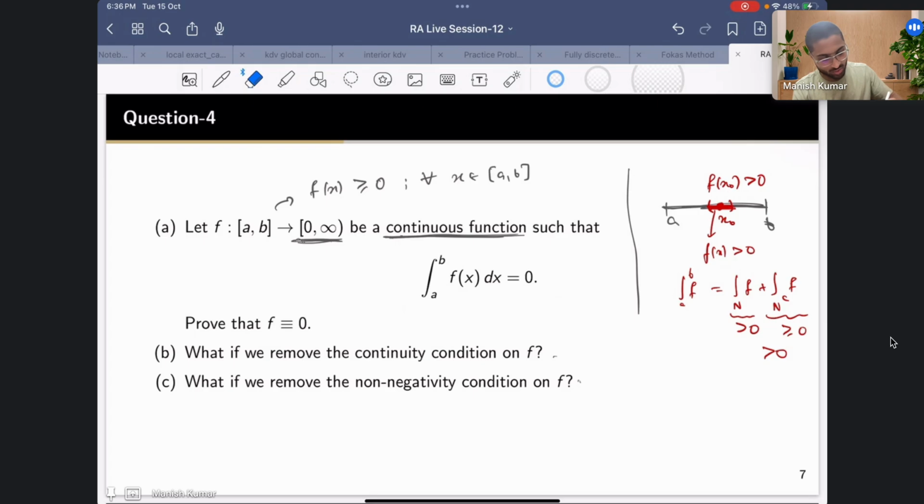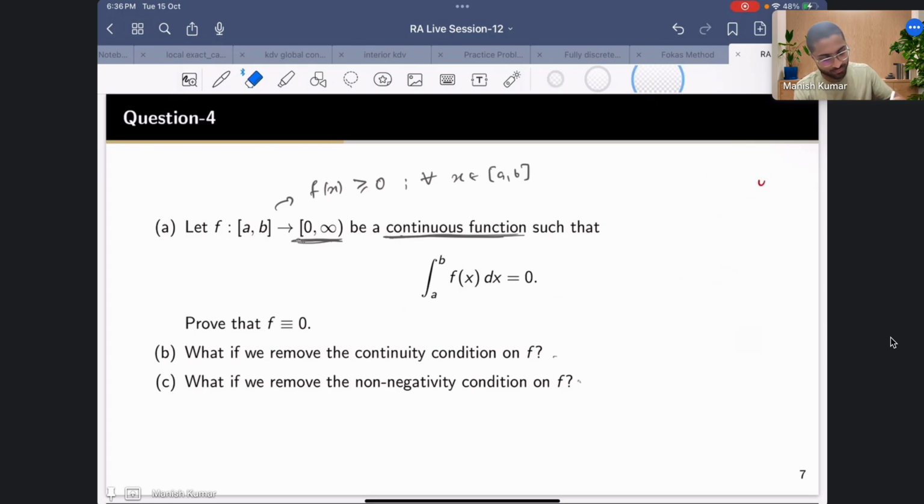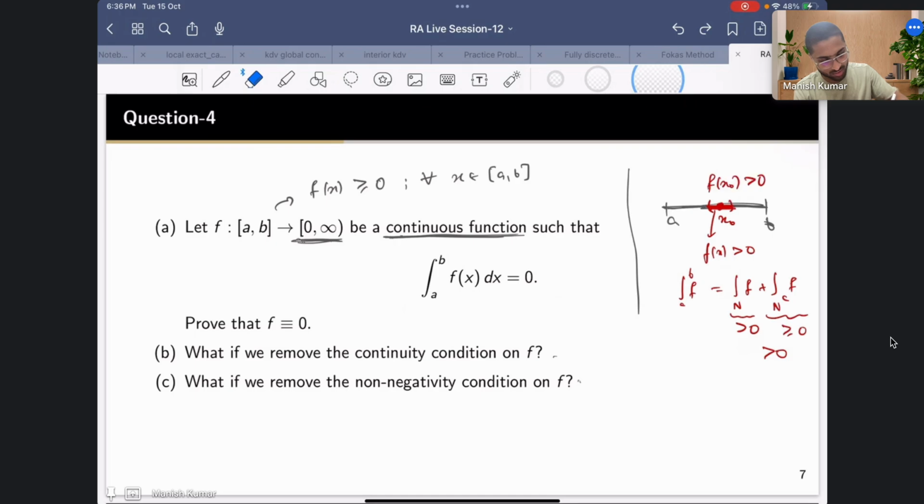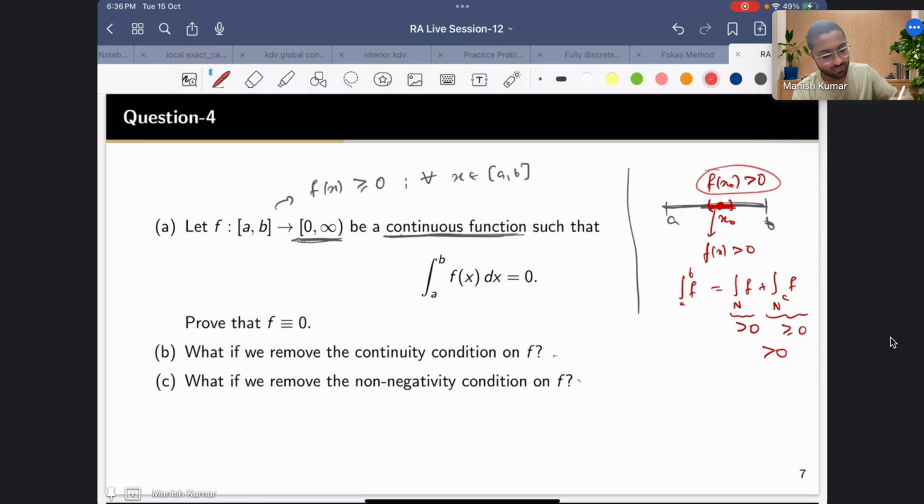I'll tell you one more thing. Instead of assuming the function is non-negative, suppose it is non-positive, that is, f maps into minus infinity to 0. Then the result also holds true. It just has to be of one sign; the function has to maintain one sign in the whole interval.